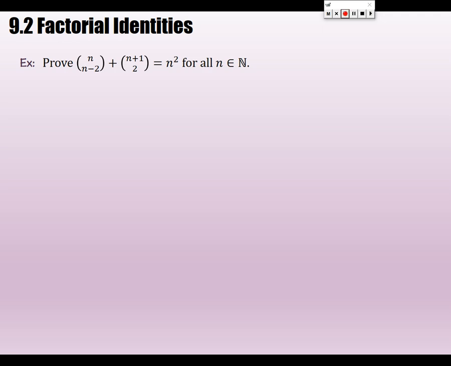Remember, you got the answer key. Carol will help you. When you get n squared, you let it go.